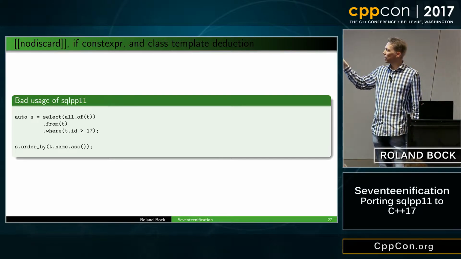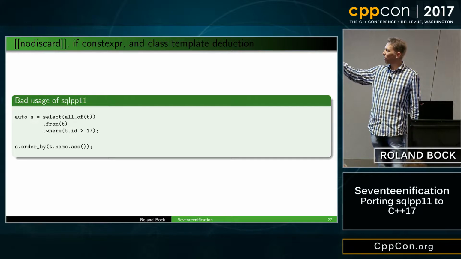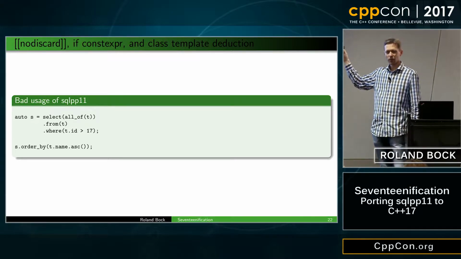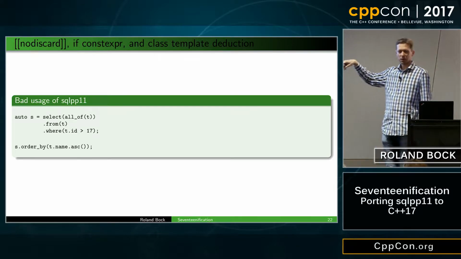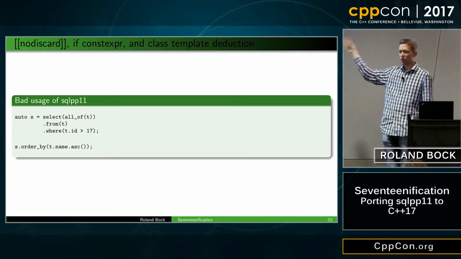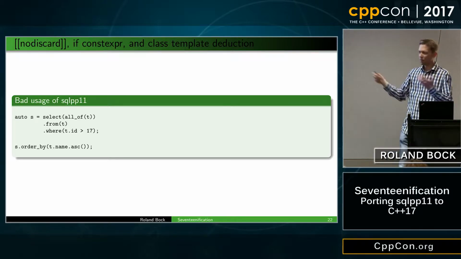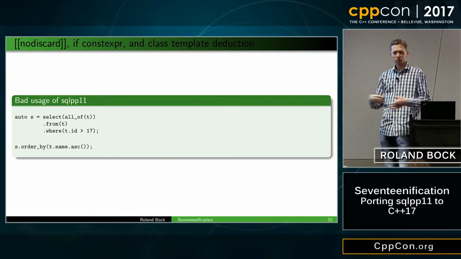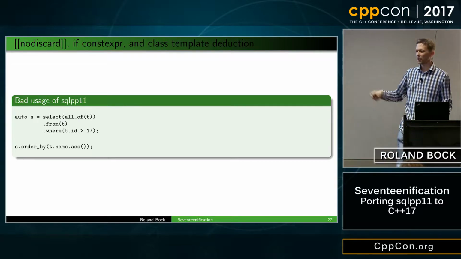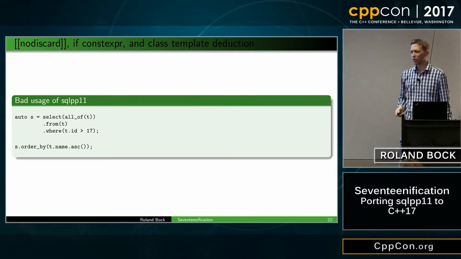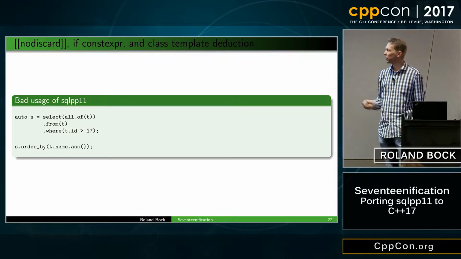The thing is that when you call order_by, that is a const member function of the select. It just returns a new statement that then contains the order_by. So calling this, while it does something and returns something, in the end, everything will be erased and result in nothing, and especially s will not be changed. So your SQL results will probably be unexpected.